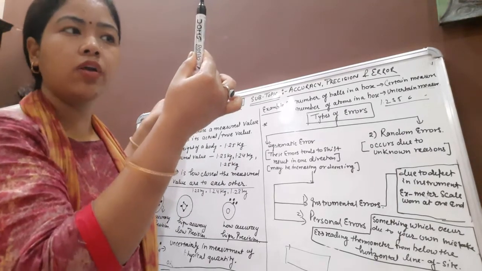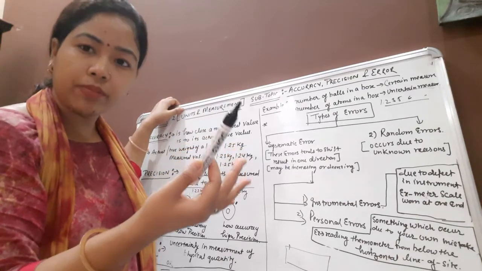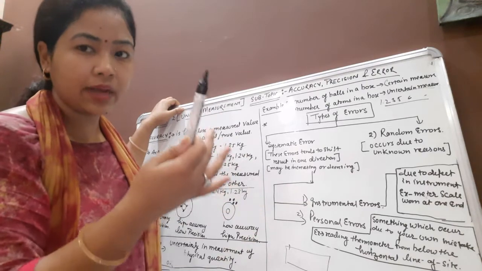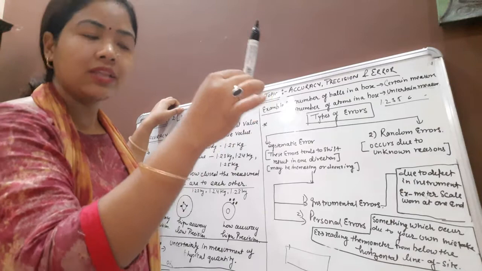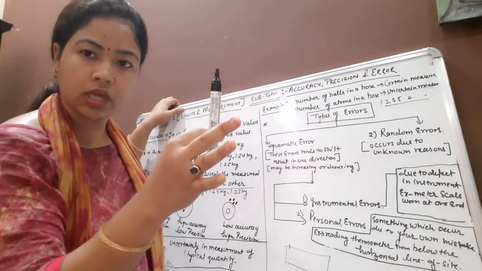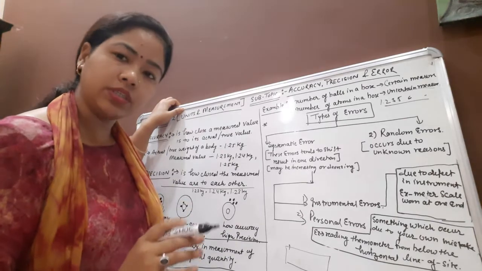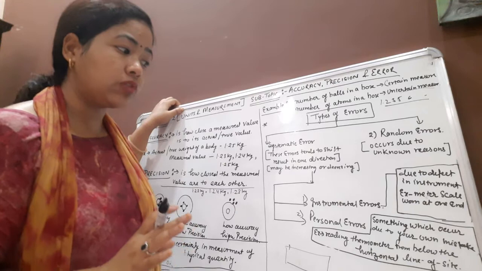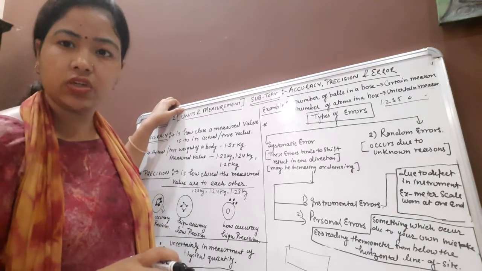Then there may be some error in the thermometer reading, and that happens due to us because we are not holding the thermometer correctly. So that error occurs in the category of personal error, right, children? So this is somewhat about the types of error and the simple definition of error.